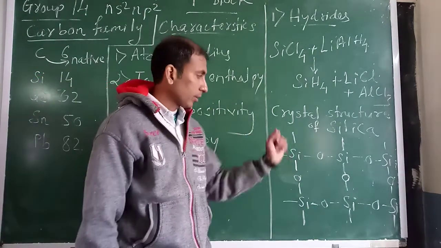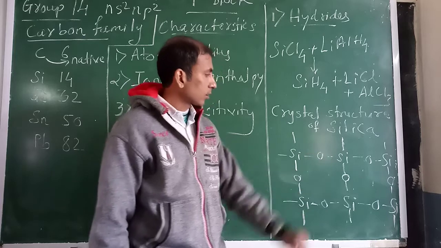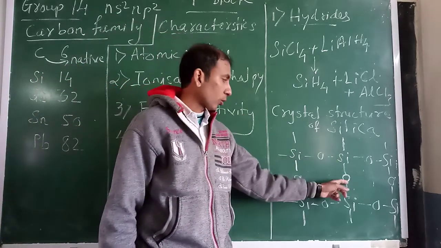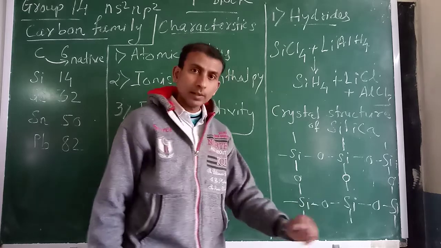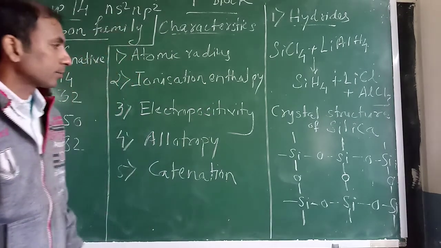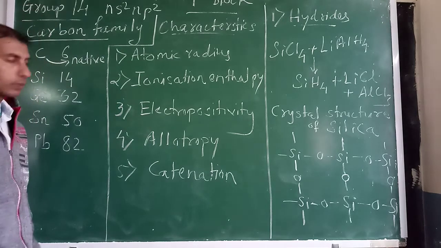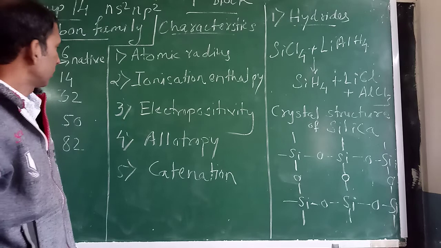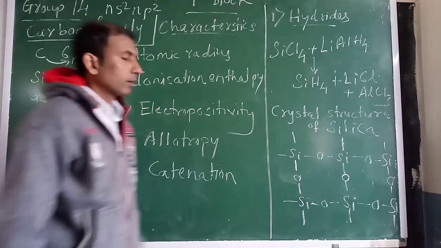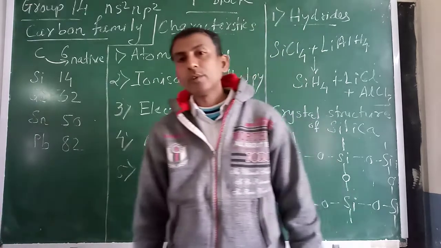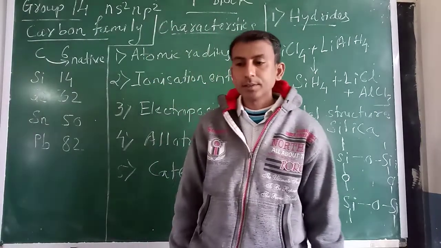So here we have the crystal structure of silica, silicon and oxygen. You have to practice this at home. You will receive the PDF for all these concepts, the same as what I have written on the board, and you have to revise properly.